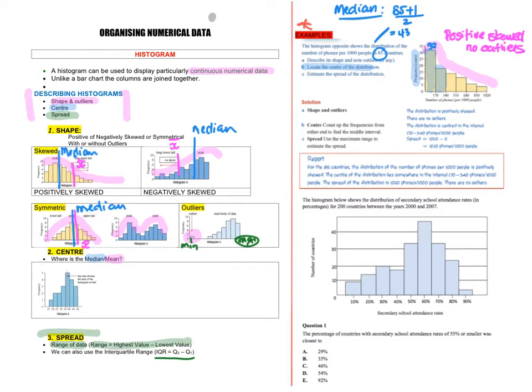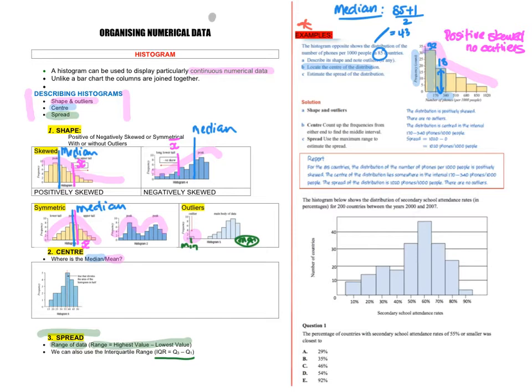So would the 43rd data value, if you put them all in order, wouldn't it occur in here somewhere? Because I'm crossing 43, aren't I? I would have counted up to 43 somewhere in that category if I could see all the data individually. So this bit here is where the median is.